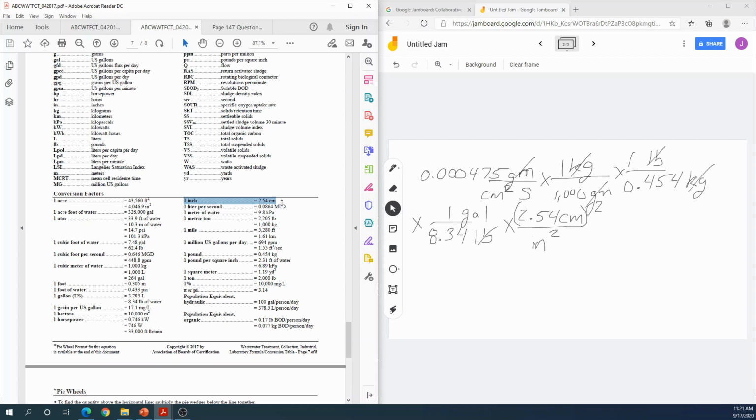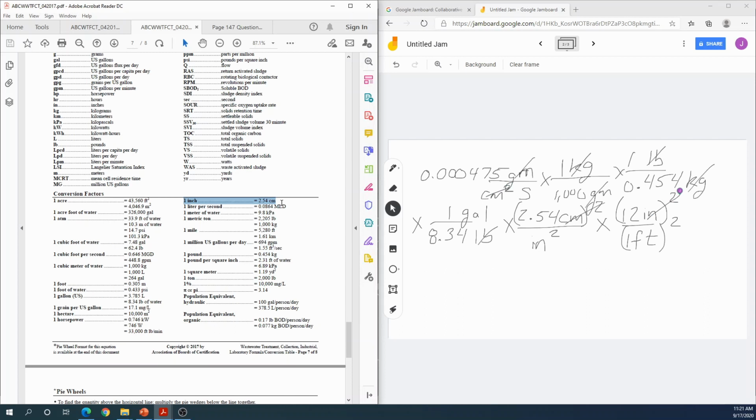But we're trying to get to square feet, so let's convert from inches squared into square feet. We know that in 12 inches, there's 1 foot. But this has to be 12 inches squared to get us into square feet. So now if we track our units, centimeters squared are going to cancel centimeters squared.